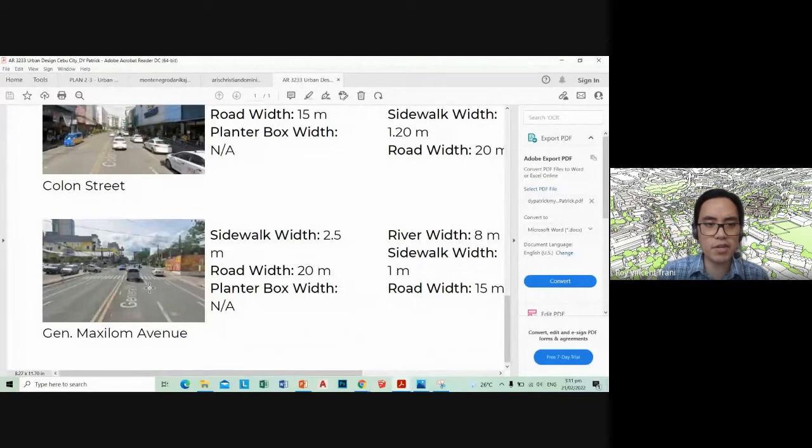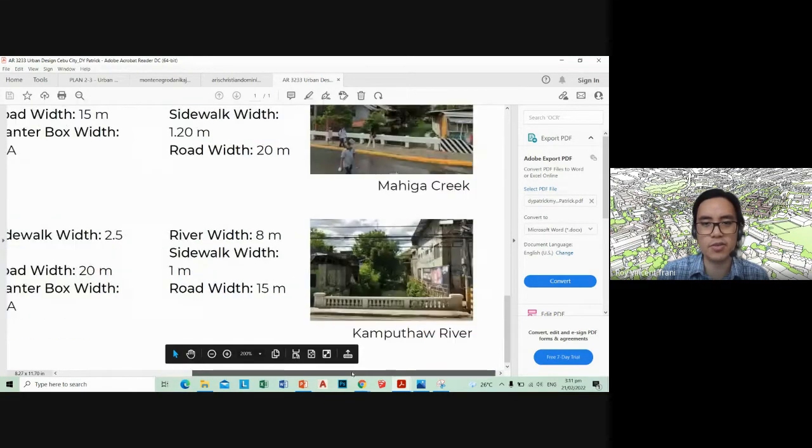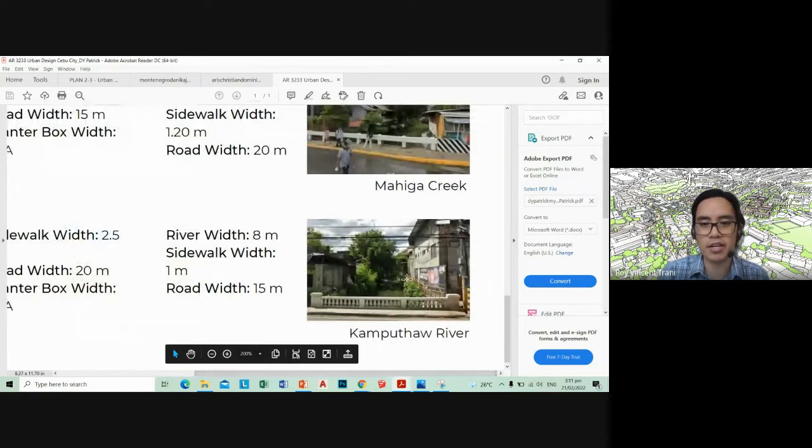General Maxilom Avenue, this is closer to the city center. You can see some sidewalks, but clearly it has been overtaken by private space and spaces for cars. So more parking lots than people walking in this area. So not a very people-centric urban design. Let's see, what have we here?